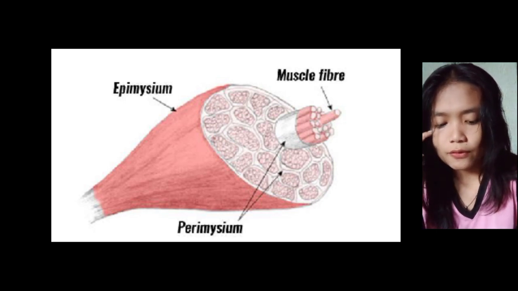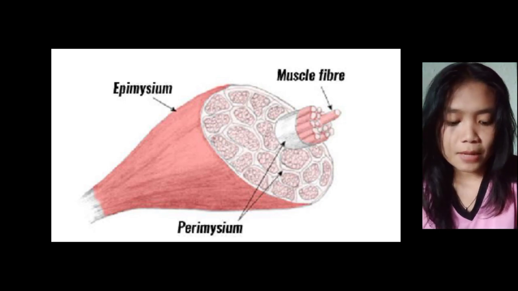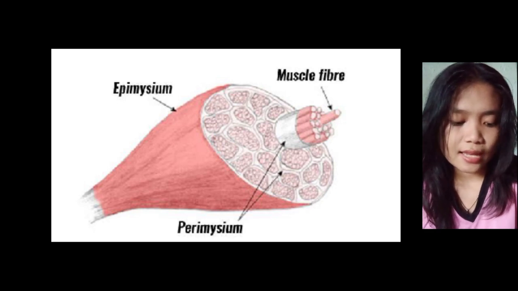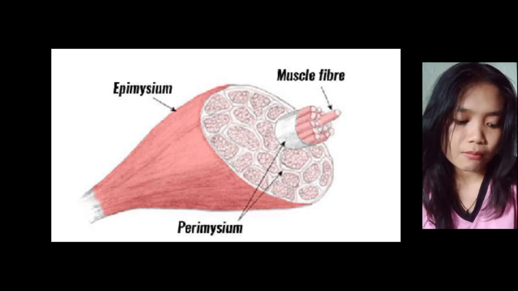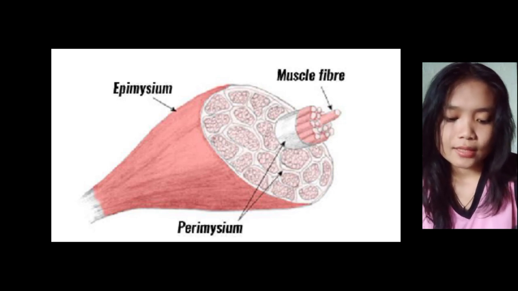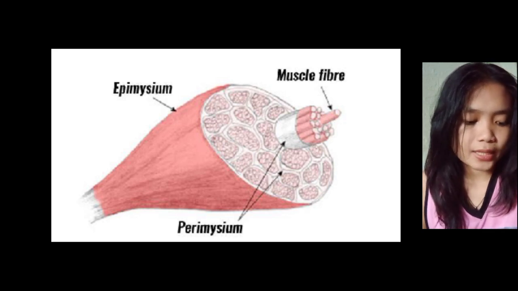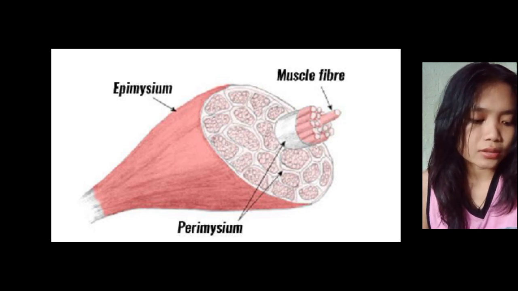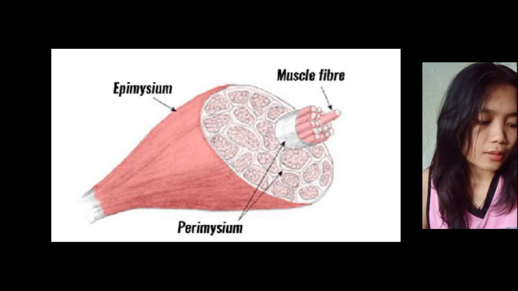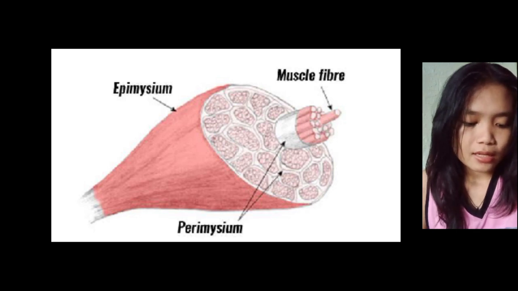So muscle fibers. Each skeletal muscle fiber is a single cylindrical muscle cell. Then the striations are a result of repeating bands of the proteins actin and myosin that are present along the length of myofibrils.